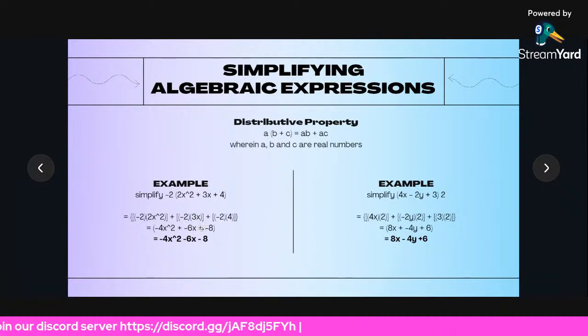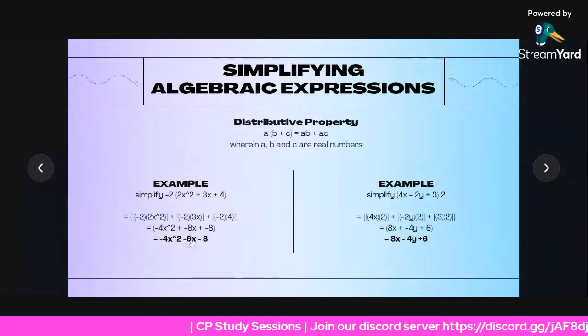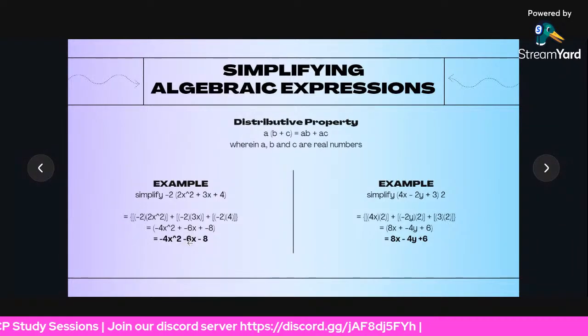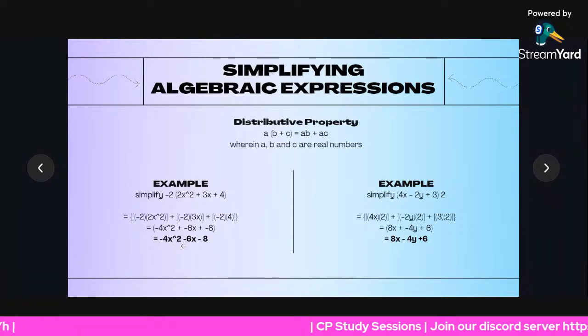So, katulad ng sabi ko kanina, kapag nag-multiply ka ng magkaibang sign, ang kakalabasan niya is negative. So, sorry hindi ko nalagyan ng space pero dapat ang magiging itsura niyan is negative 4x squared minus 6x.